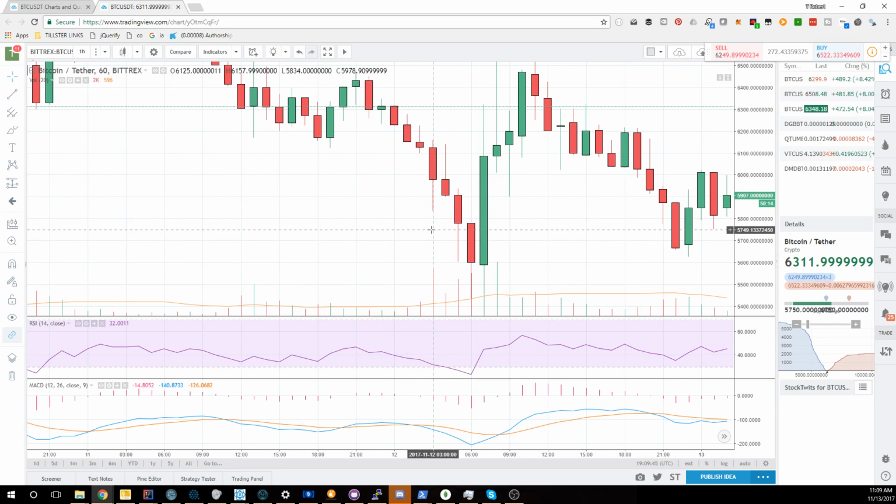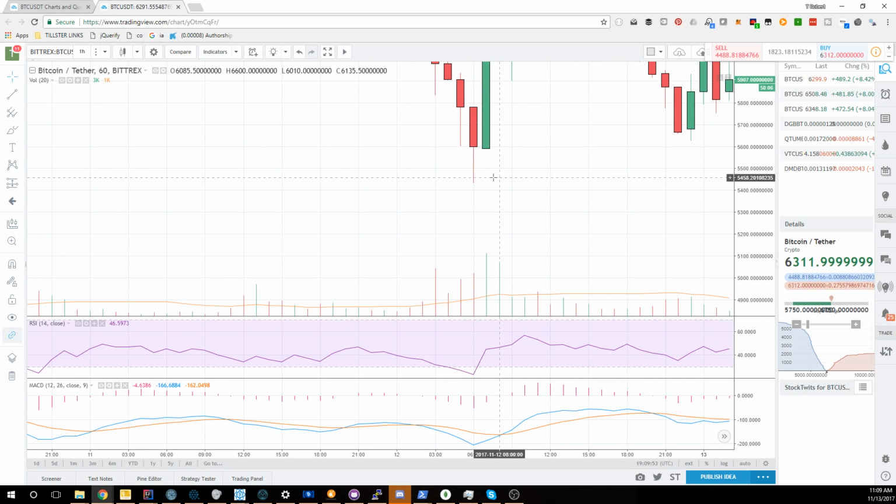In the case of a red candle, the red candle opened high, moved all the way down to this bottom wick right here. You see this wick extending past the body of the candle? The price started here at the top of the candle, moved all the way down to the extreme of the wick, and then came all the way back up and ended its time in this 1 hour time frame right here at the bottom of the red candle.